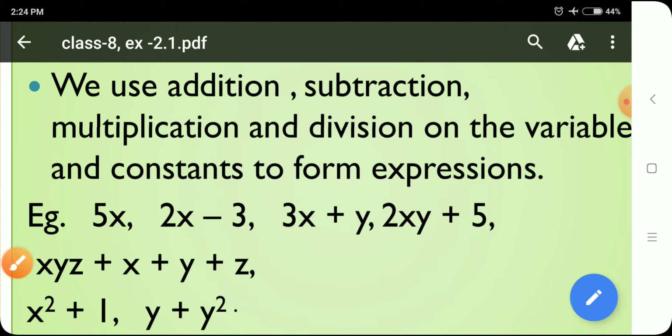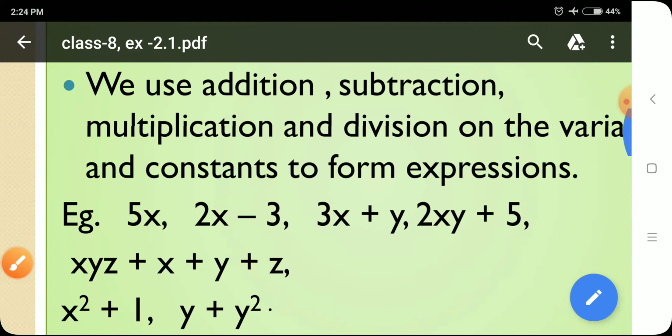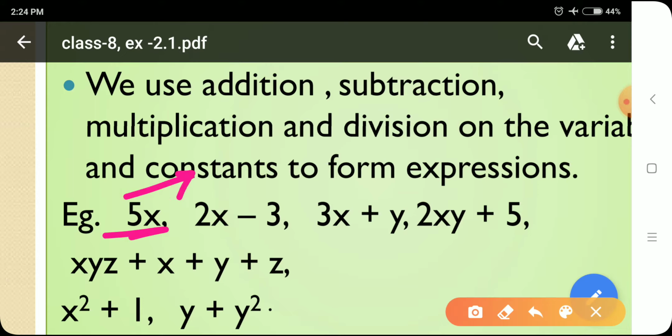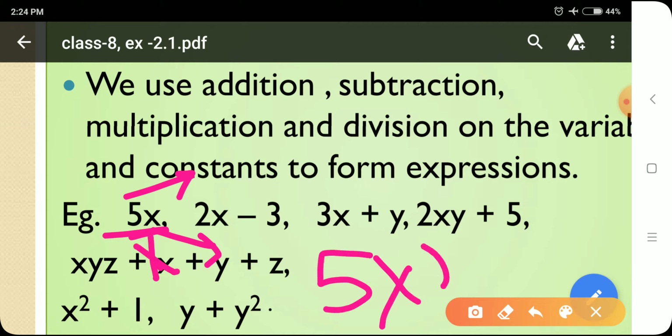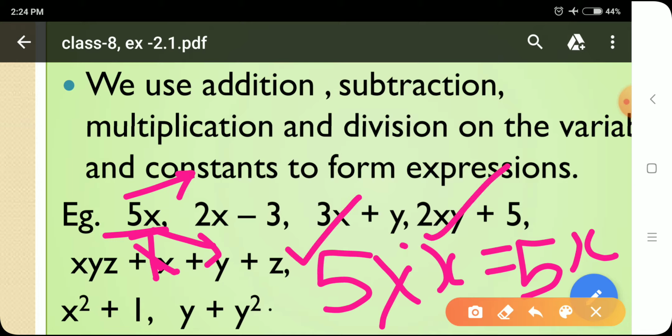Here 5 is a constant and x is a variable, and these two are combined with the operation of multiplication: 5 into x becomes 5x. So an algebraic expression is a combination of constants and variables with the four operations: multiplication, addition, division, or subtraction.